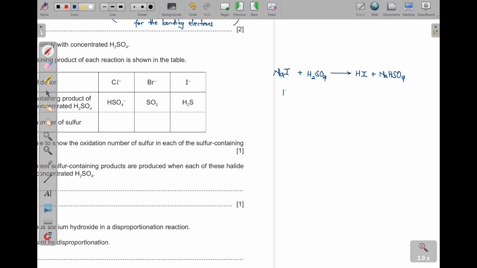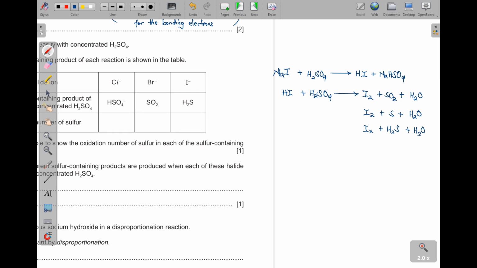So we shall have this one reacting with sulfuric acid, and then it can give you iodine, then sulfur dioxide and then water. The other one is iodine, plus sulfur, plus water. Then the other one can be iodine, plus hydrogen sulfide, plus water.